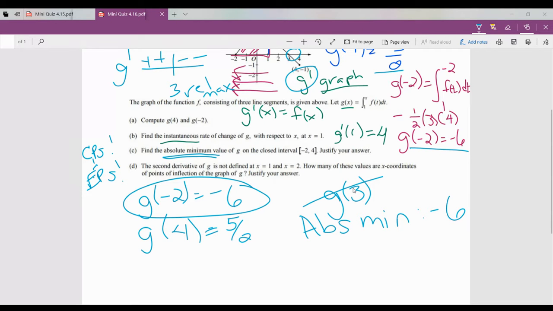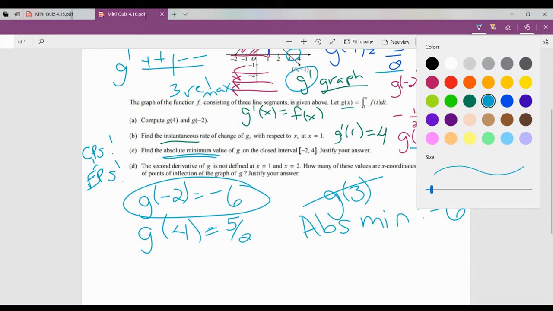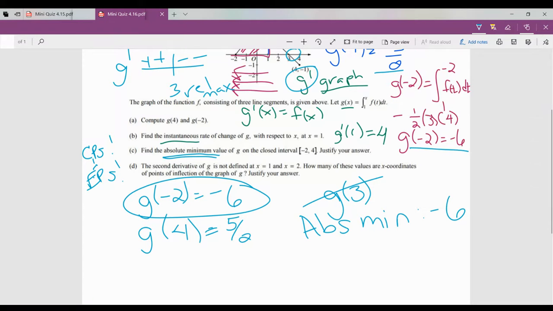All right, second derivative of g. Let me just change my pen color so that when I look at it, I'll know I was on a different problem. So we'll do purple. All right, so the second derivative of g, g double prime, is not defined at x equals 1 and at x equals 2.